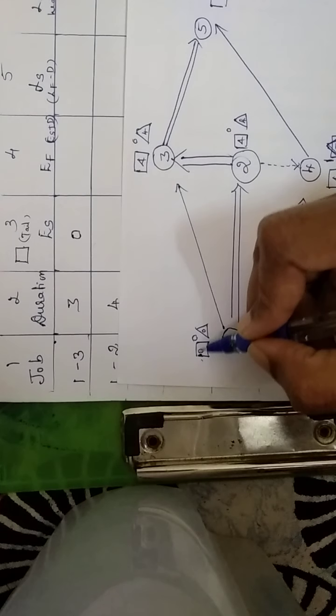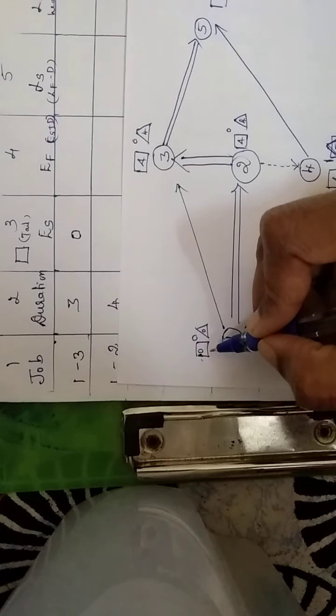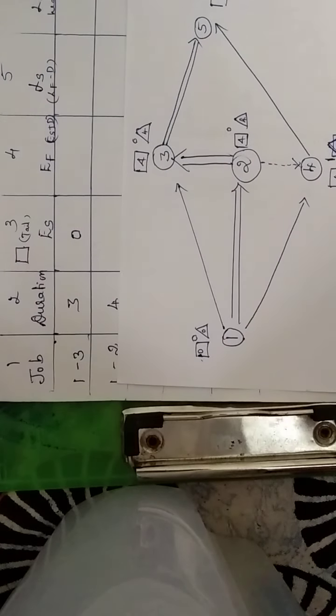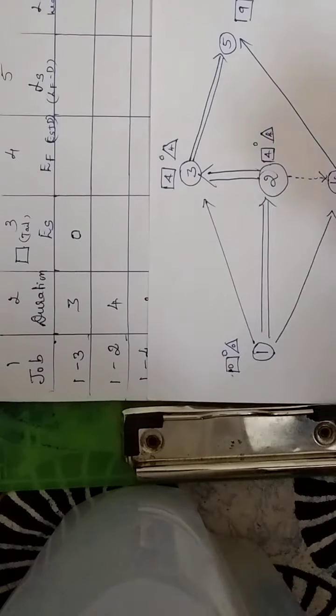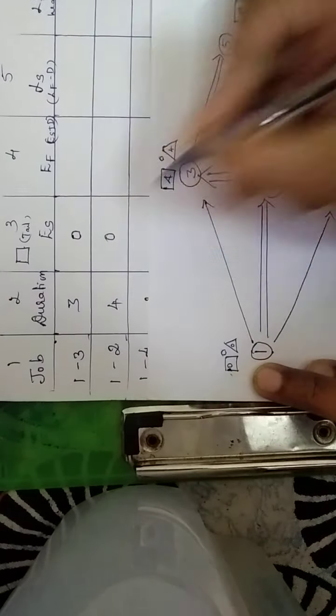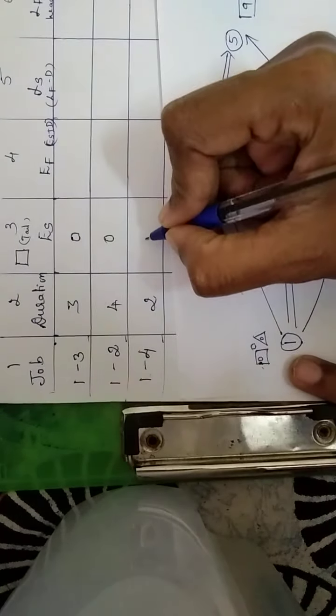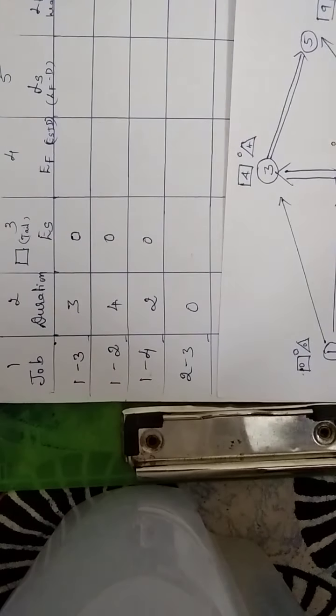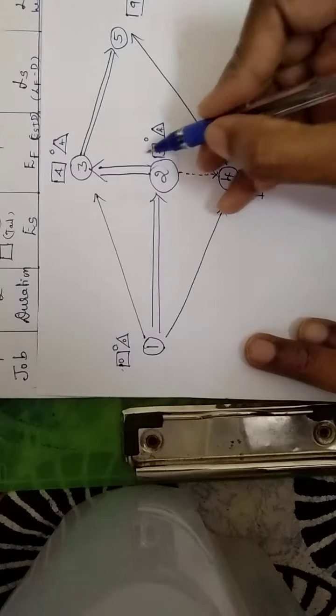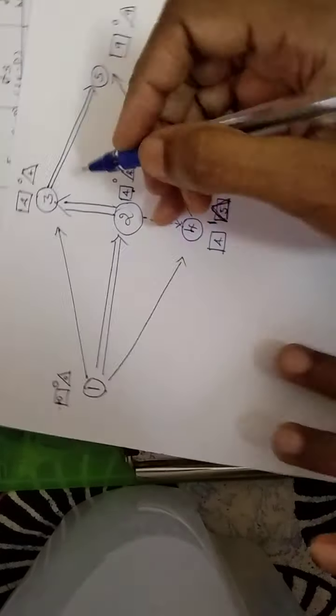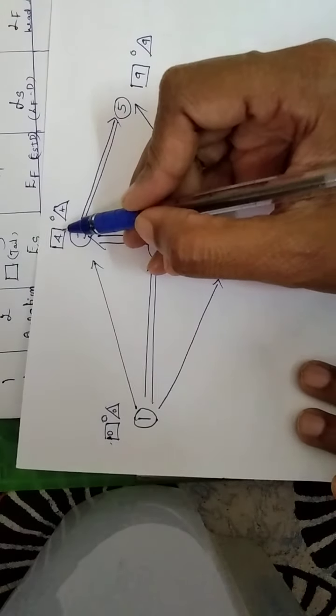The one which is written within the boxes needs to be taken here. For 1 to 2 it is again 0. For 1 to 4 it is the same, 0. Whereas from 2 to 3 it is 4. From 2 to 4 again it is 4. From 3 to 5 it is 4.